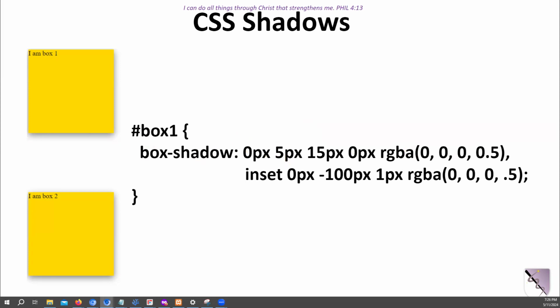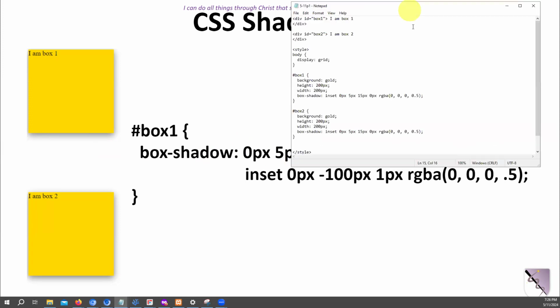Let's just quickly practice that. So let's add an additional shadow. Again, we'll put a comma at the end of this one. And let's change this from being inset to being regular for box one. And then let's add an inset shadow.